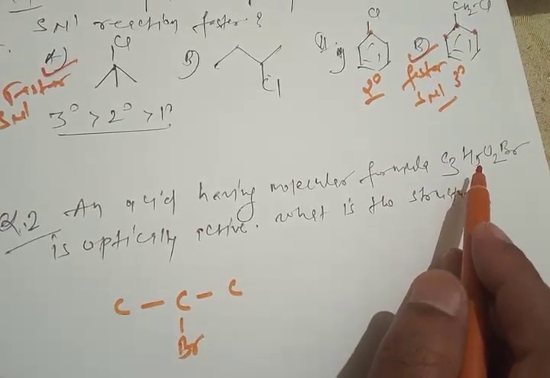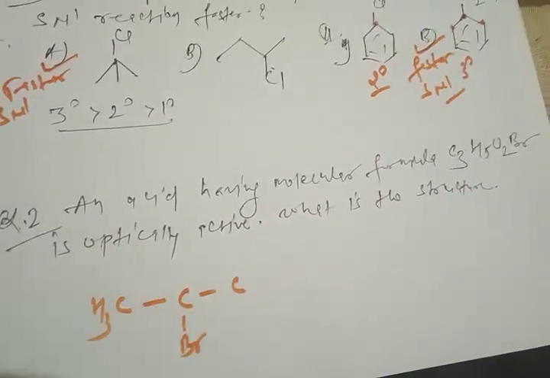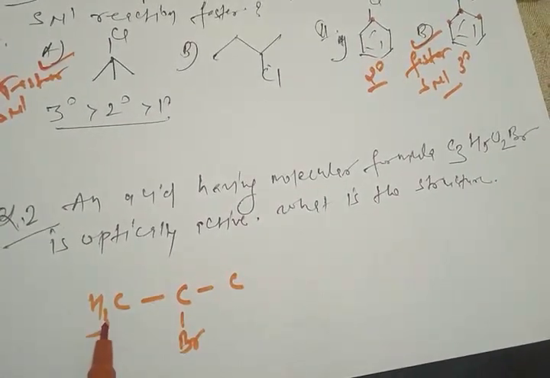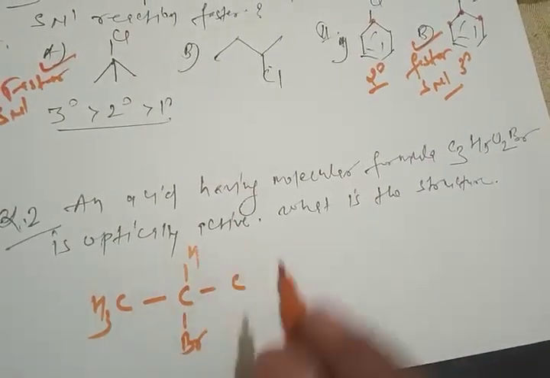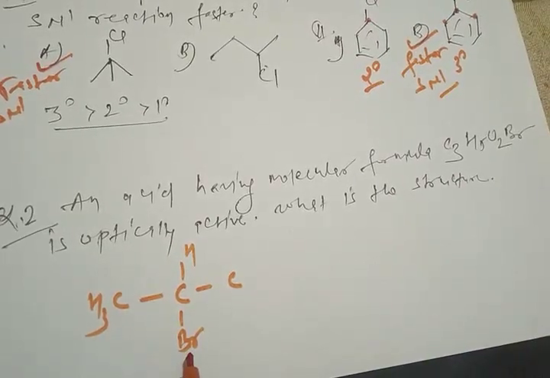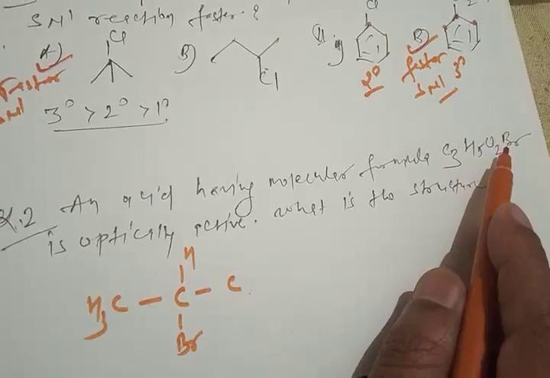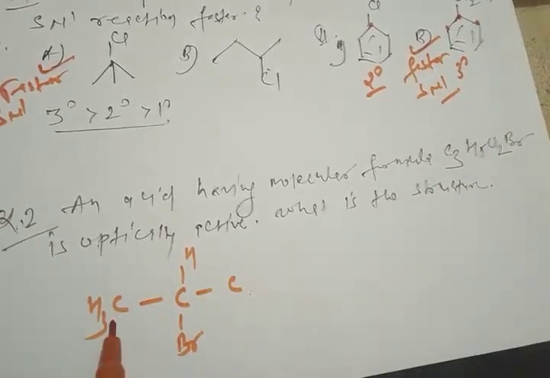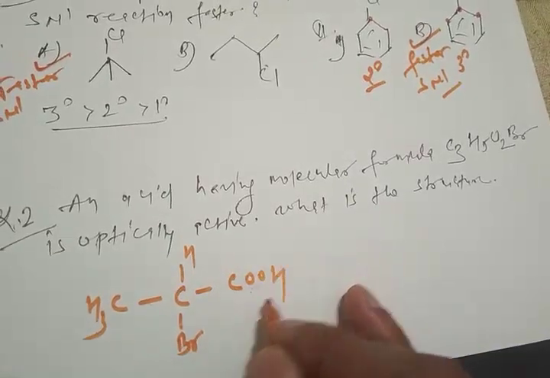If we go for this, it will give a CH3. We require only one hydrogen on this carbon, so we put the hydrogen here. Now we have three different groups: hydrogen, methyl, and bromine. Here we have two oxygens and one hydrogen remaining, which will be the acid group.